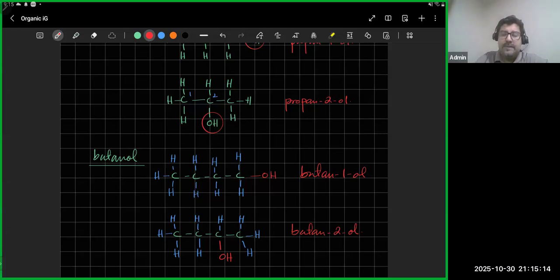One is on the first carbon atom, the other one is on the second carbon atom. And so these are the only two options for butanol. Putting them on this side, that's exactly the same as putting on the right side, right? Or putting the OH on this one carbon atom, that's exactly the same as this one.